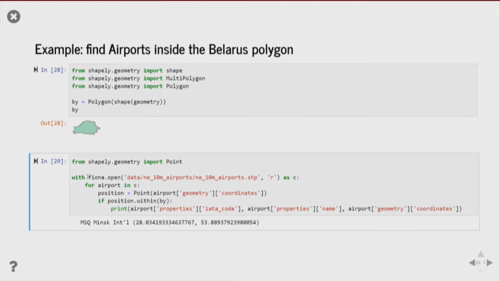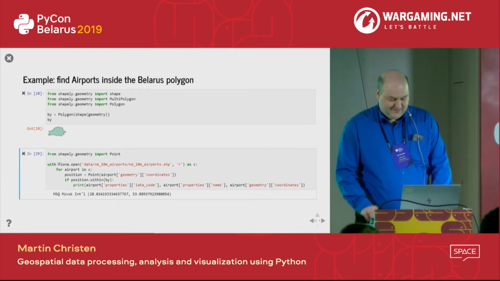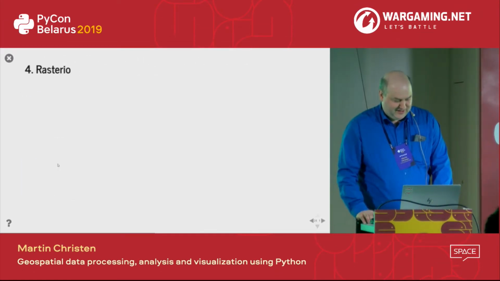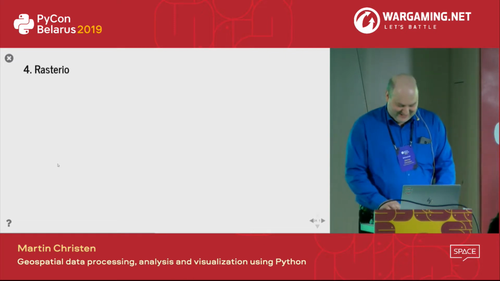I guess Belarus has more than one airport, but this dataset is not complete, so that's a pity. Probably I didn't check it, but I'm sure there are some military airports and other airports which do not contain. So it's open data, so everyone can add to this.